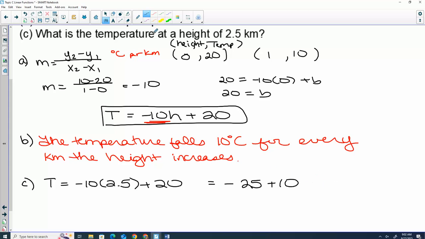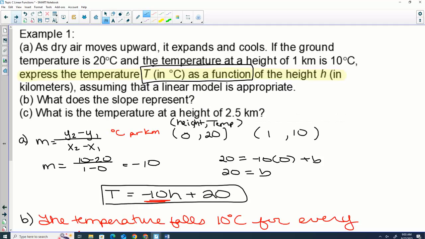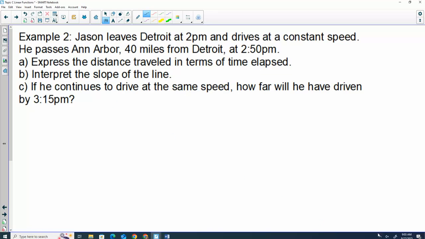So negative 25 plus 20. We get negative 5. What would my units be? Questions on that one? I want you to read the next one and try to do part A. We'll check your equations before you go too far.